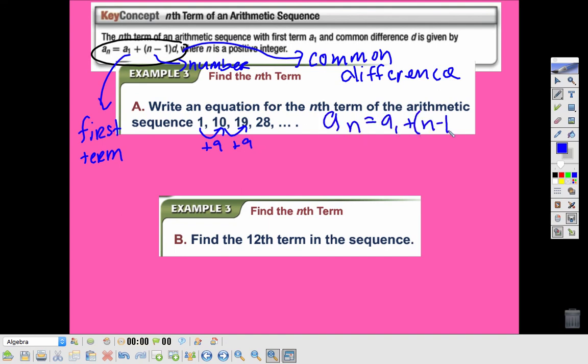So when we have our formula, a sub n equals a1 plus n minus 1 times d, this is what we're solving for, so that stays the same. What's a1? 1. So we get, a sub n equals 1, because that's our first term, plus n minus 1 times, what's our d this time? 9.